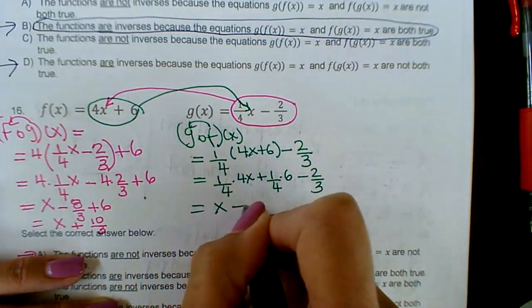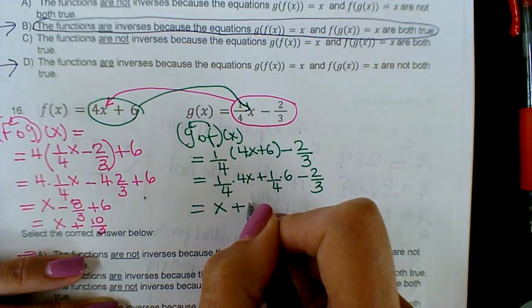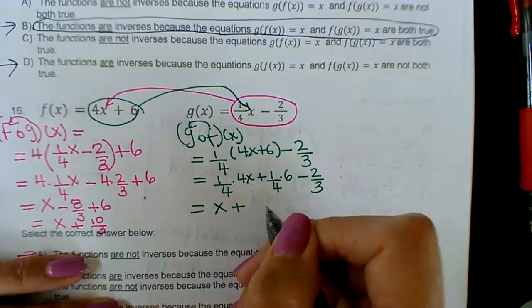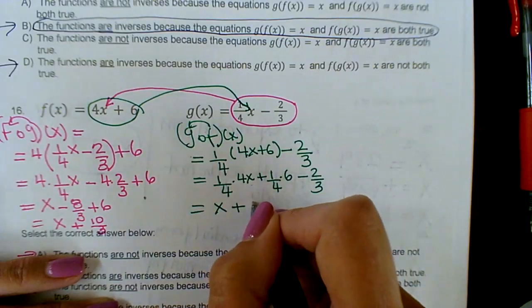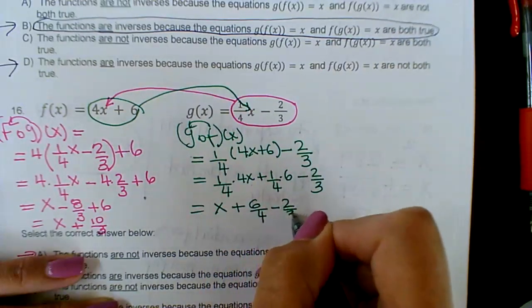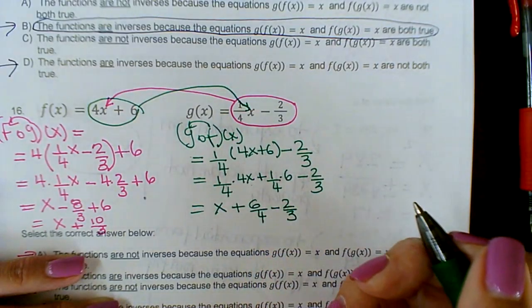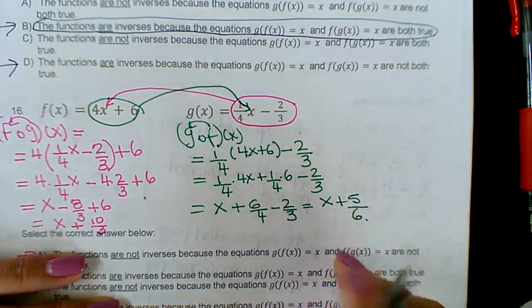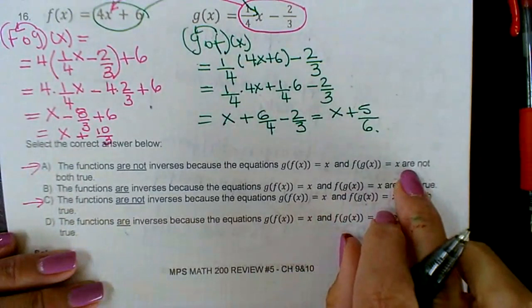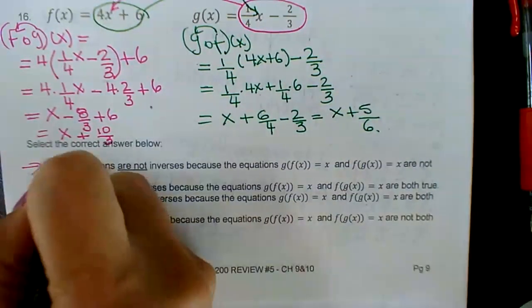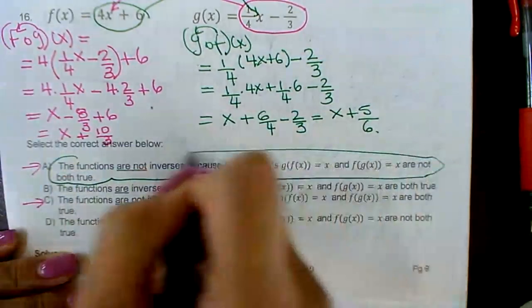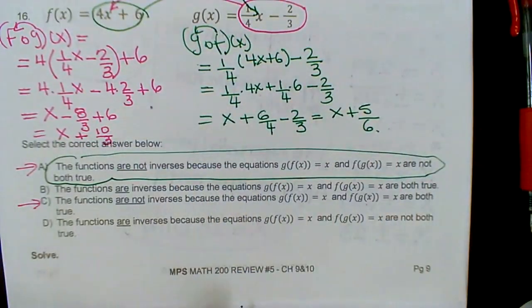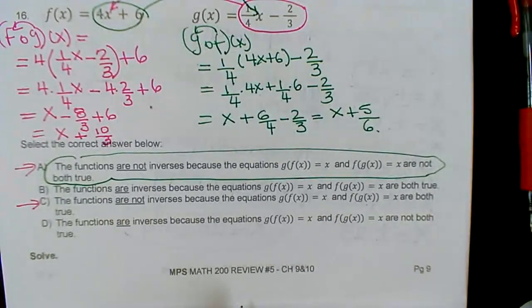So we get x, we got 6 over 4 minus 2/3. That's going to be equal to x plus 5 over 6. So the answer is going to be that they are not both true. They're not inverses because g of f of x and f of g of x are not both true.